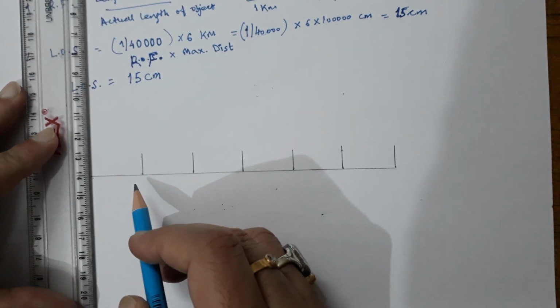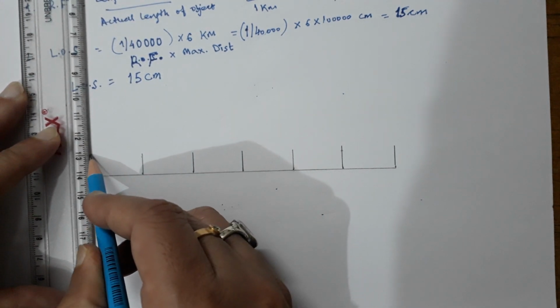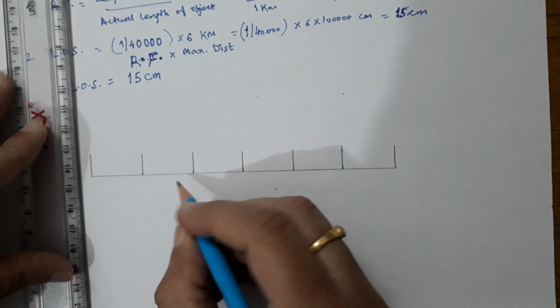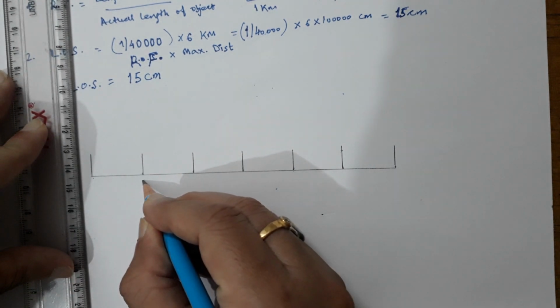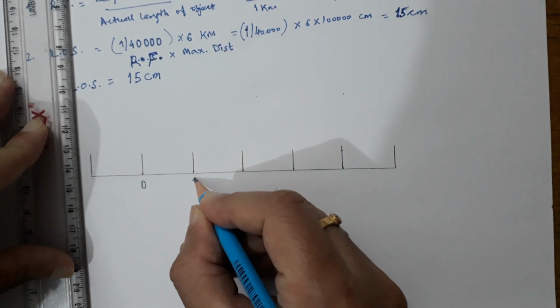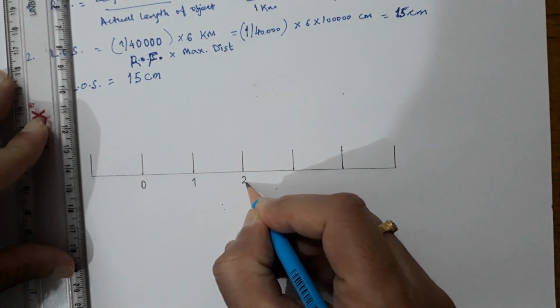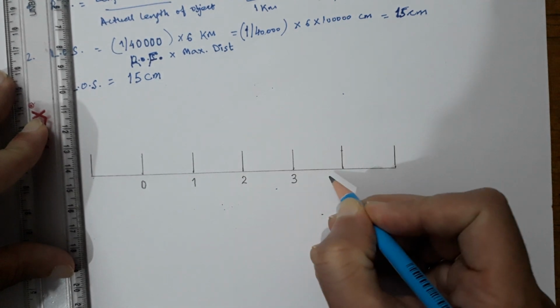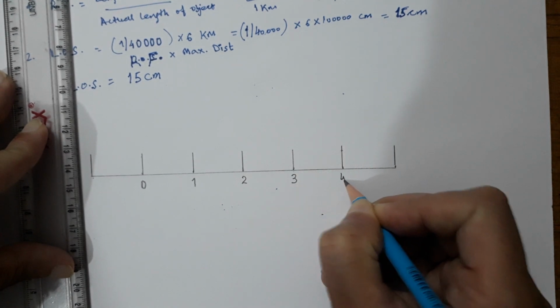The first subdivision is to be divided again into 10 equal parts. Always start with 0 at the first division. Now this is first, then second, third, 4 and 5.